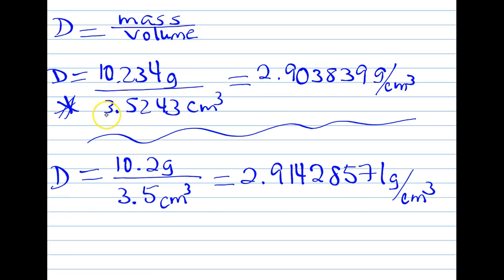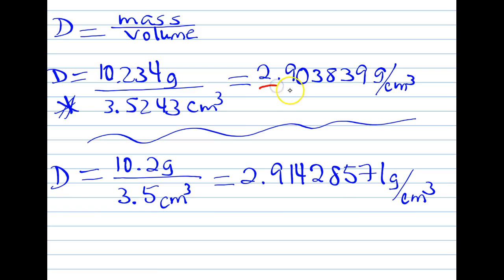Then for the volume we have 1, 2, 3, 4, 5 significant figures. Since they both have the same number of significant figures, according to the division rules using significant figures, we will go with the least number of significant figures for our final answer. In this case, they both have 5, so the final answer needs to be rounded to 5 significant figures.